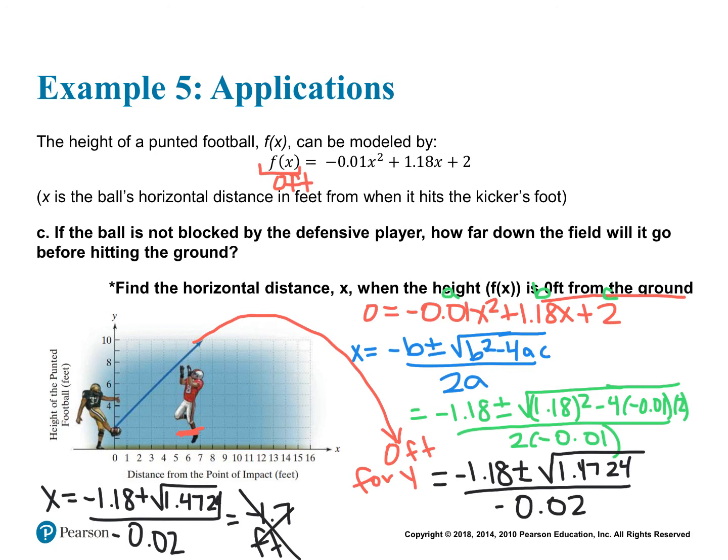So let's try the other one. x could be negative 1.18 minus the square root of 1.4724, over negative 0.02. If you plug that in a calculator, you get about 119.7 feet.